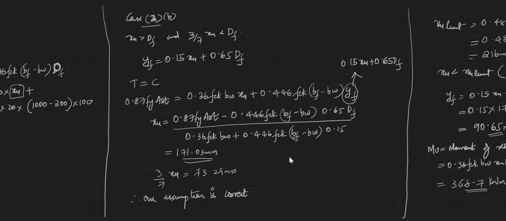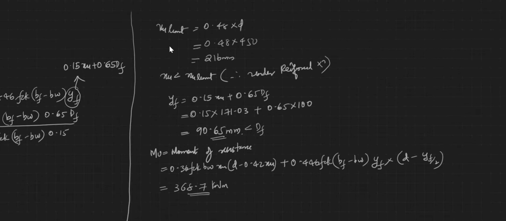We got our assumption as correct. That's why we proceeded to check whether the section is under reinforced or over reinforced. If it is an over reinforced section, we should limit XU to XU limit and find the value of Mu corresponding to that value. Here we got XU less than XU limit, which means the section is under reinforced. So applying the moment of resistance equation, we get the value for Mu as 368.7 kilonewton meter.